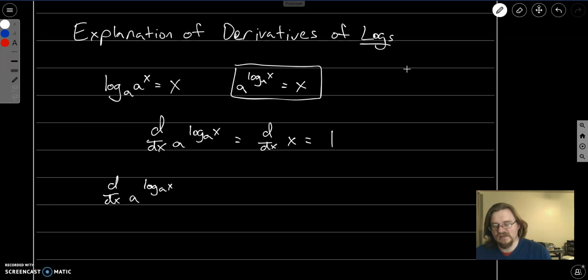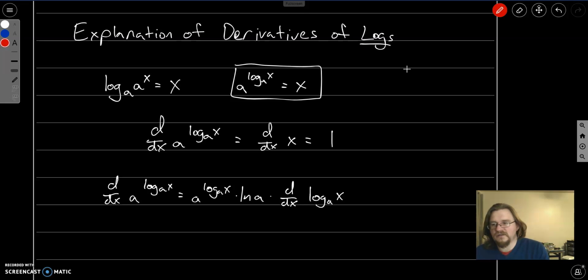This is going to be a raised to the log base a of x times the natural log of a times the derivative of log base a of x.